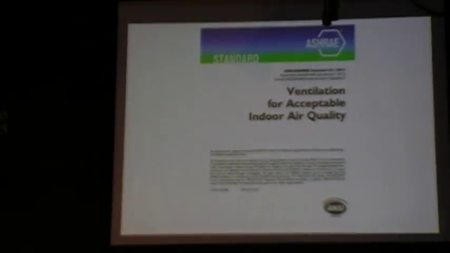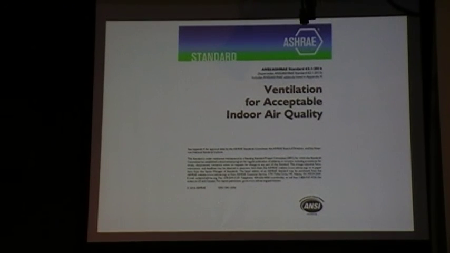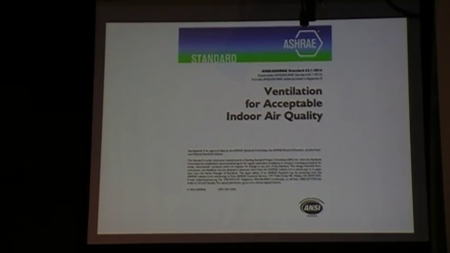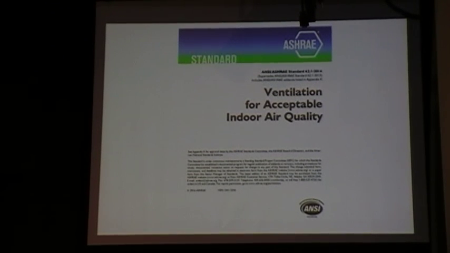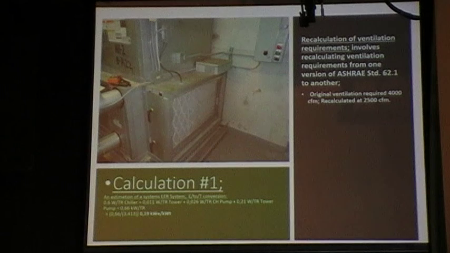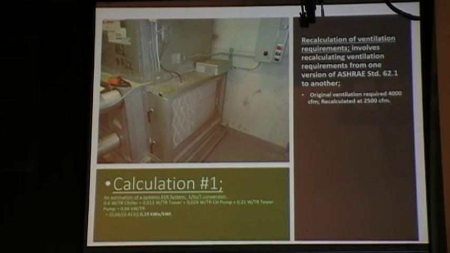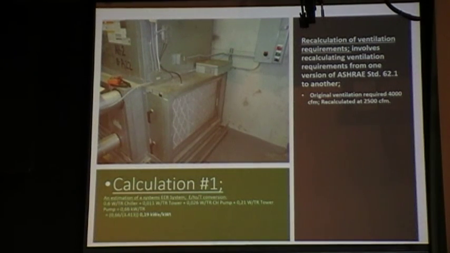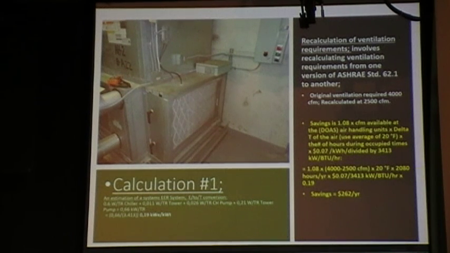So I told you in Florida, in my business, I do a lot of going back to buildings and reevaluating the ventilation rates that come into the building. So here's a very small air handling unit that if we recalculated the ventilation rate was 2,500 CFM, and it went from 4,000 to 2,500.